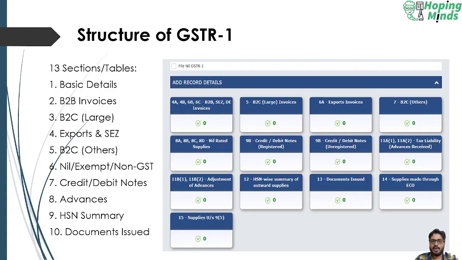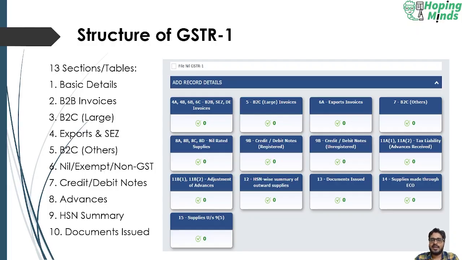Then table 4A to 4G contains B2B invoices, that are invoices that pertain to supplies executed in respect of a registered taxable person. Then 5A to 5C contains B2C large invoices, that are invoices in respect of unregistered supplies, that too interstate unregistered supplies for value exceeding rupees 2.5 lakhs.